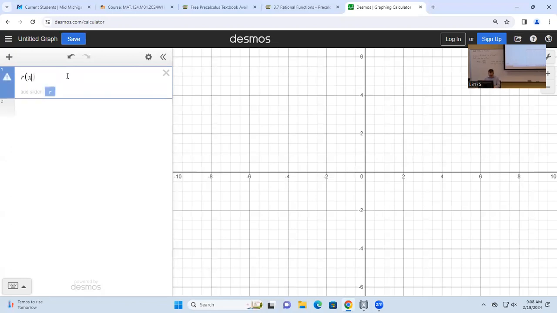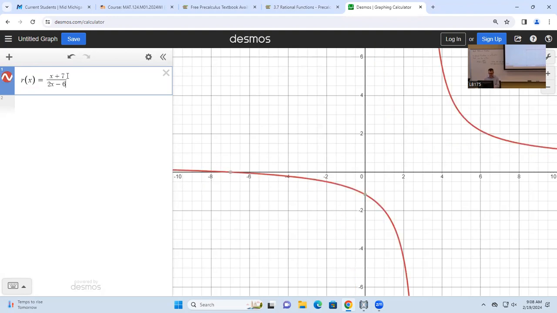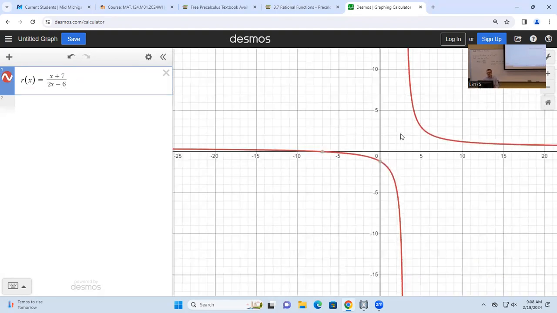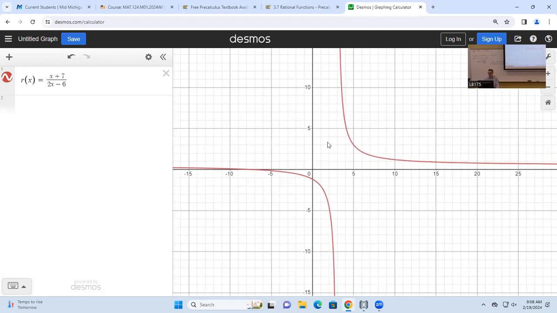So let's take a rational function. Let's say x plus 7 over 2x minus 6. So we have polynomial x plus 7 divided by polynomial 2x minus 6.